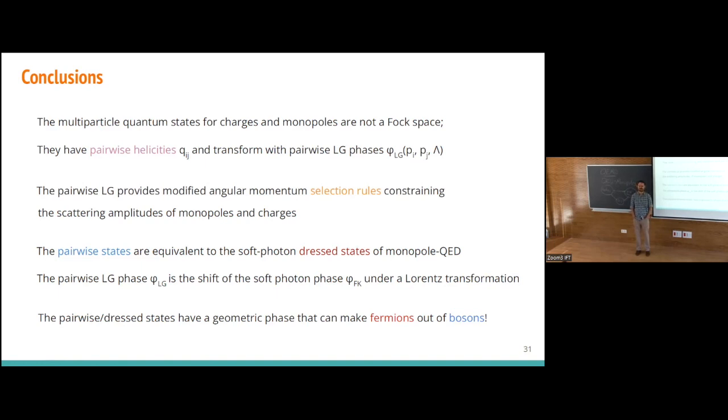Silly question here. How much of this story goes through when you Higgs the photon? I think nothing survives, because this is a deformation of the asymptotic Hilbert space, and if the photon is only finite range, then you're basically... But I mean, let me put it within the range.